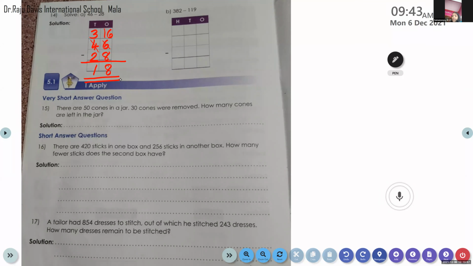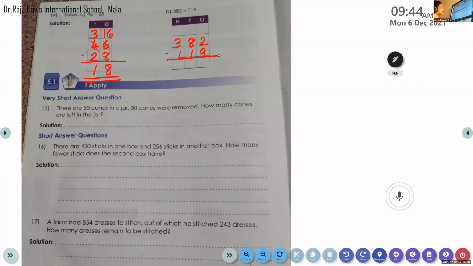Next question. 382 minus 119. We need to regroup. So you have to write the numbers properly. Here, the ones place numbers are 2 minus 9, isn't it? So, we cannot subtract 2 minus 9.